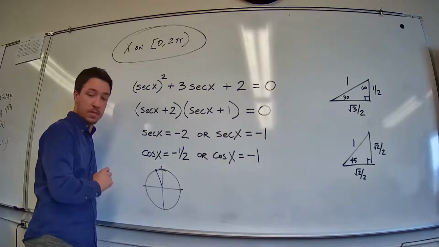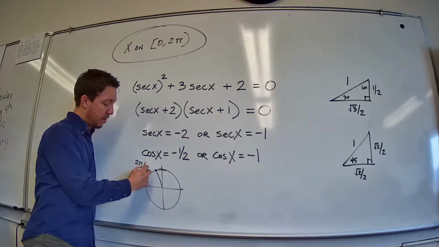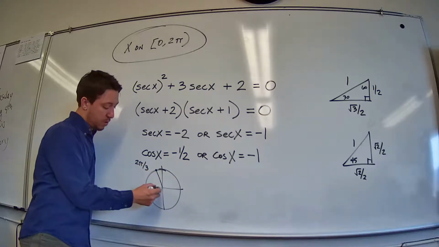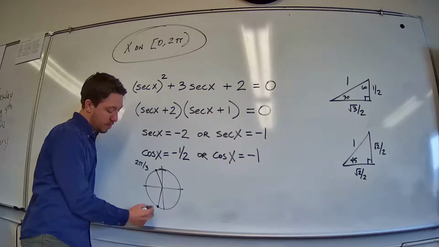Up there, that's 2 pi over 3. Or down here, that's 4 pi over 3.